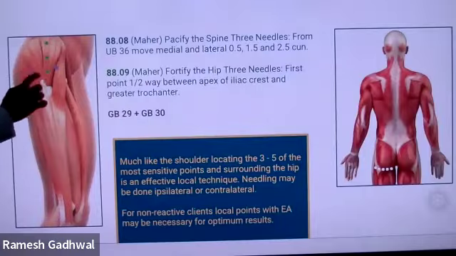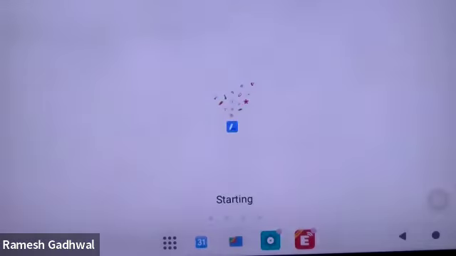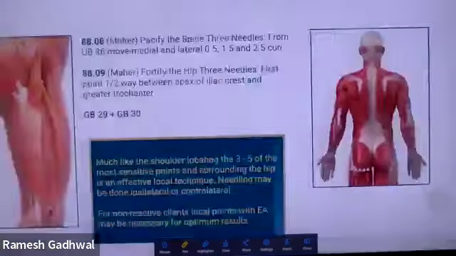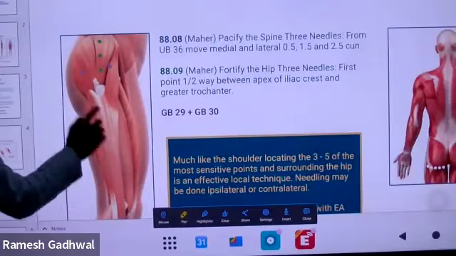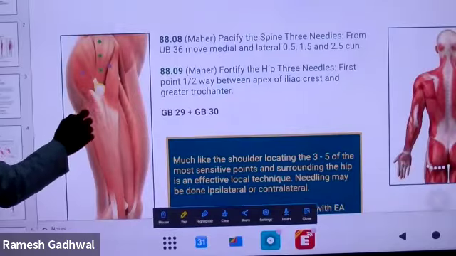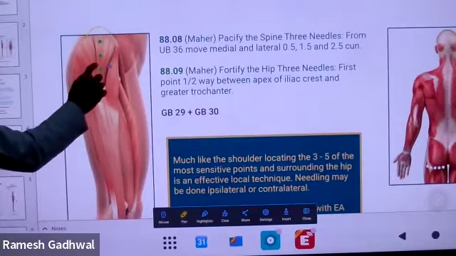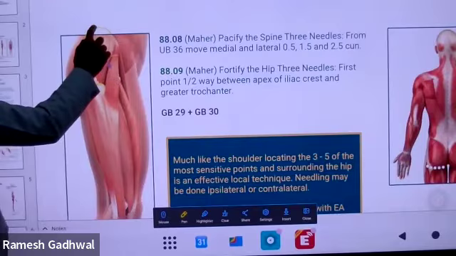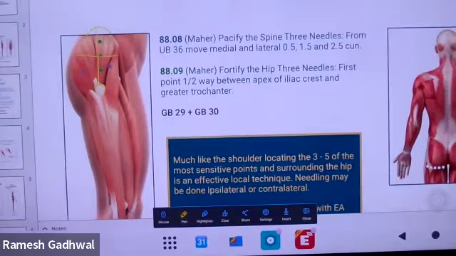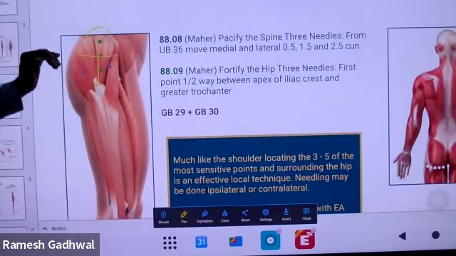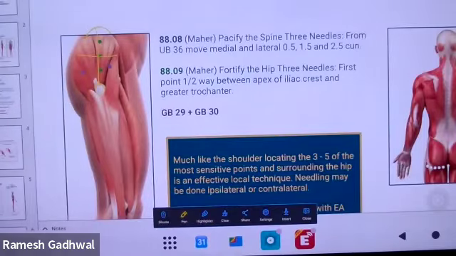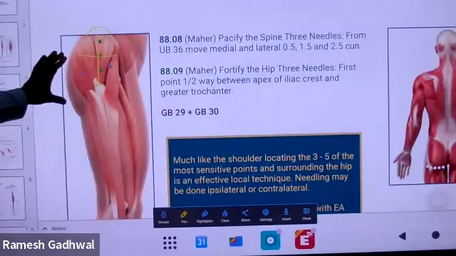If you are watching here, this is the greater trochanter area, and here is the iliac crest like this. Then this point is the halfway. Then another is up and down. Okay.